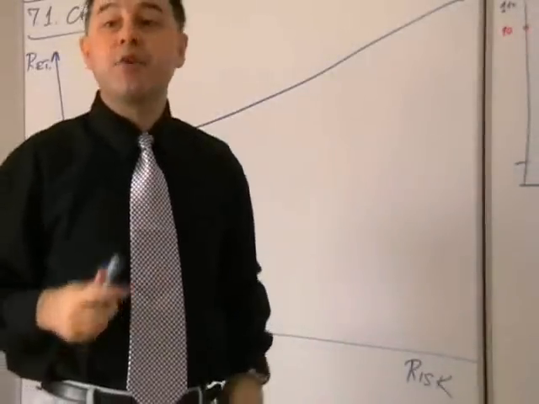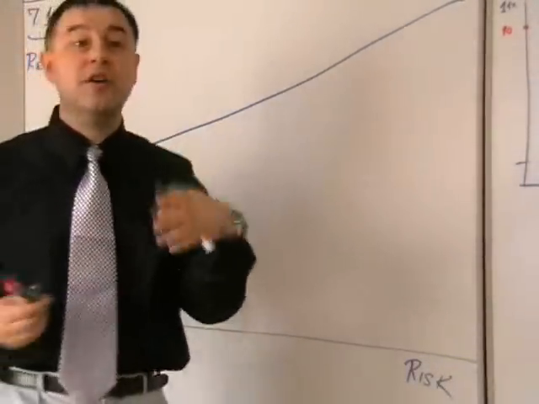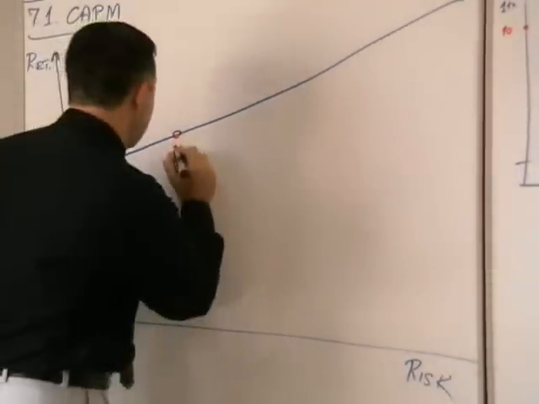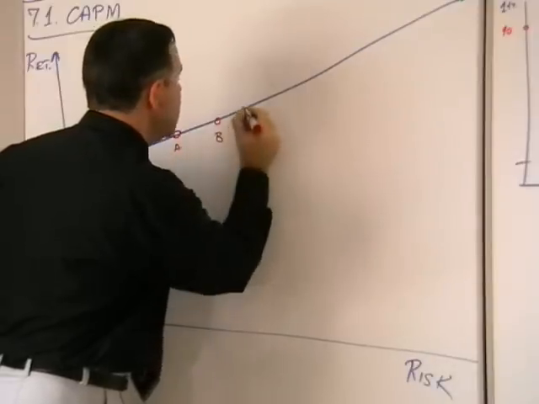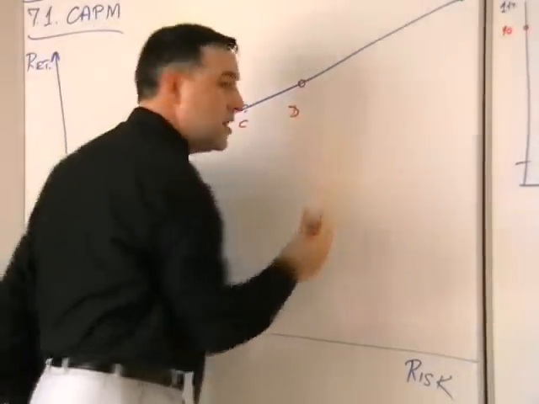So, if everyone is rational, the market is in equilibrium. If you have a stock B, it will be here.